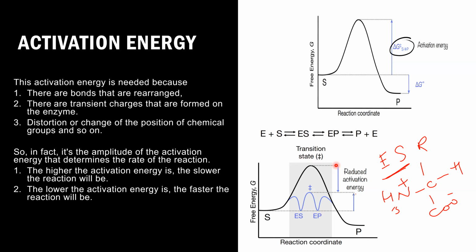Now the difference between these two is that this amount of energy has reduced, right? And this reduced activation energy is also called the binding energy, and that is released once the enzyme is binding with that substrate.